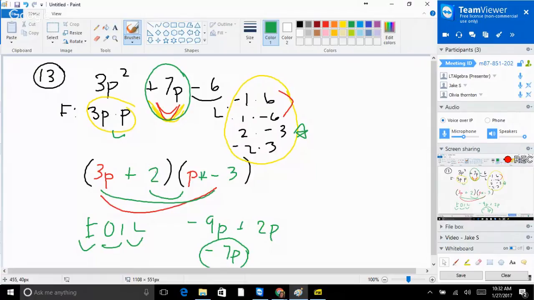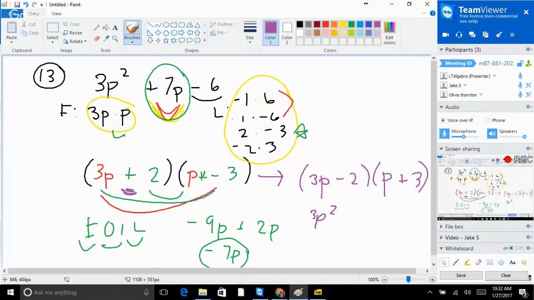So what that means is that I probably have all my numbers right, but I have my signs wrong. So instead, let's try 3p minus 2 and p plus 3. I'm switching my signs, right? Let's try flip-flopping our signs. Okay, so then I'm going to do 3p times 3, which is 3p squared.